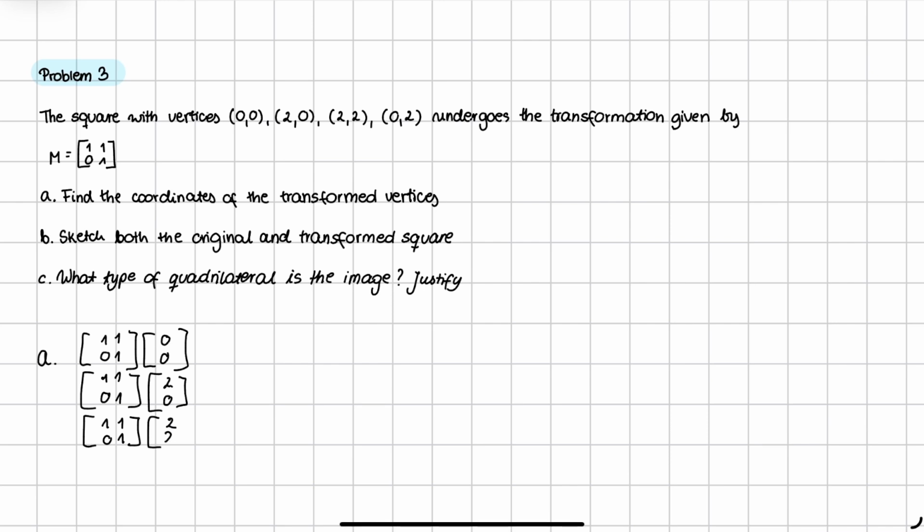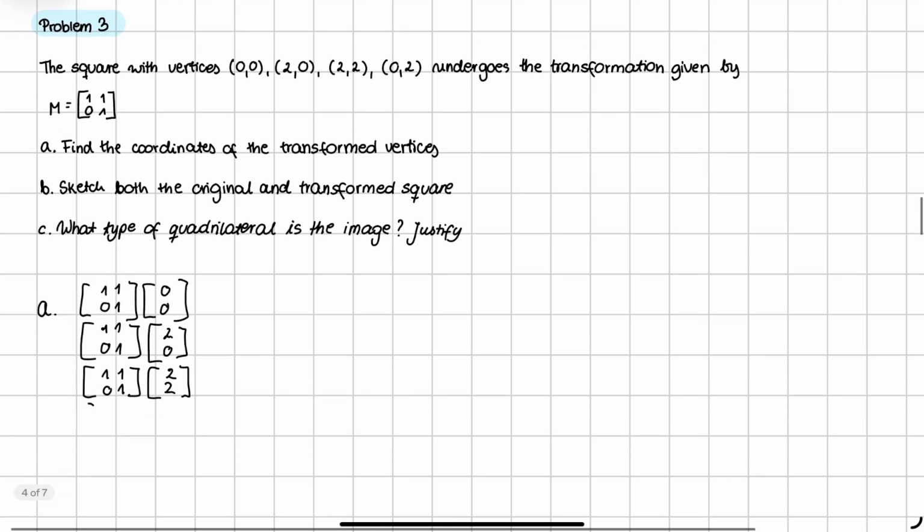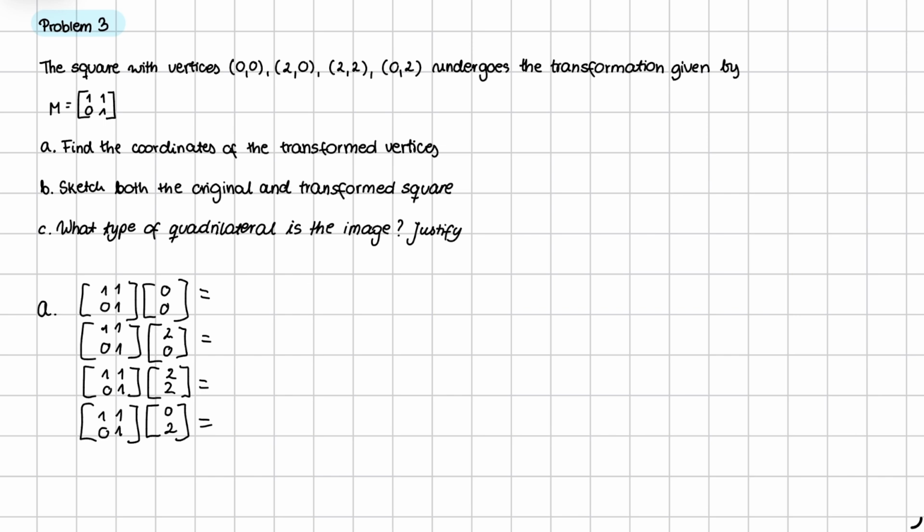Here we have (2, 2), and here we have M times (0, 2). We have to calculate everything. You can of course do it using your calculator.